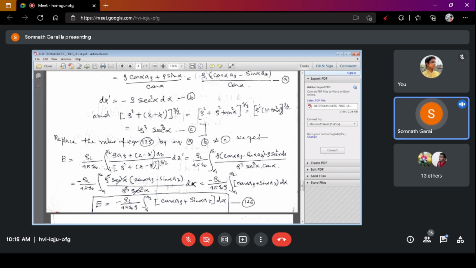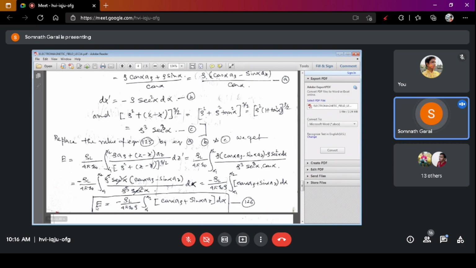Now we take common from this equation rho sec square alpha. So this sec square alpha cancels out. This rho square and this rho cube cancel out. One rho exists in the denominator. So that is equal to minus rho L divided by 4 pi epsilon naught rho, integration over alpha 1 to alpha 2, of (cos alpha a rho plus sin alpha az) d alpha.